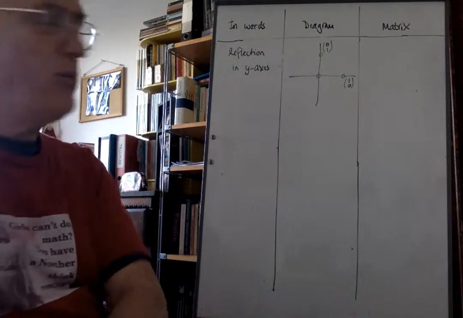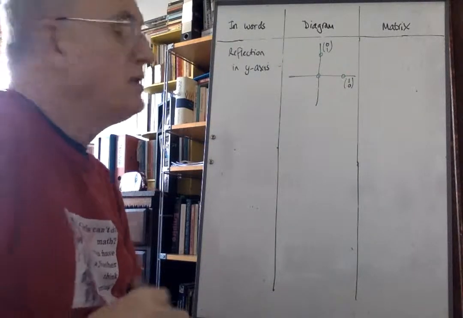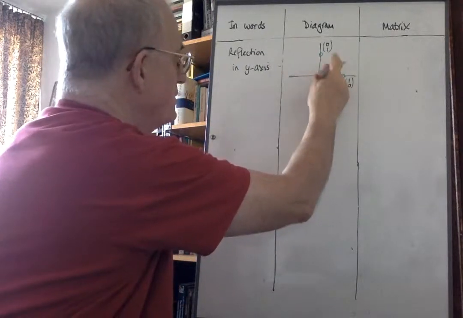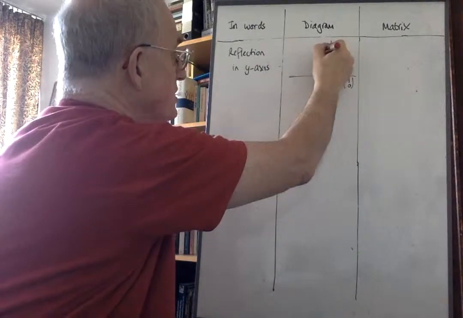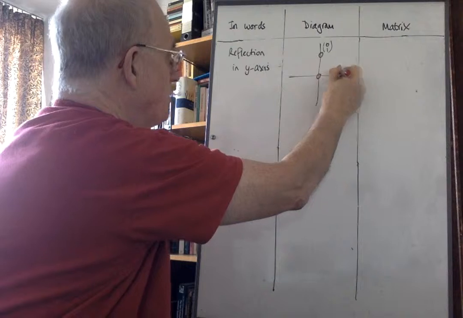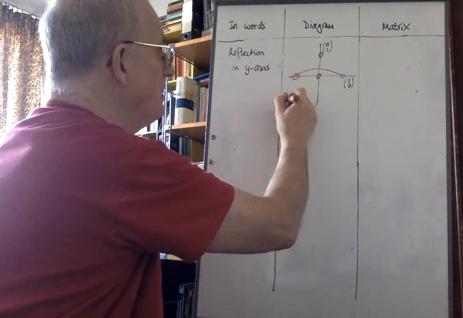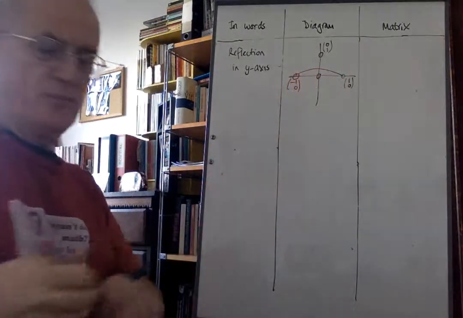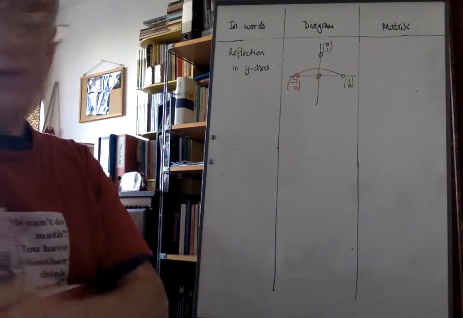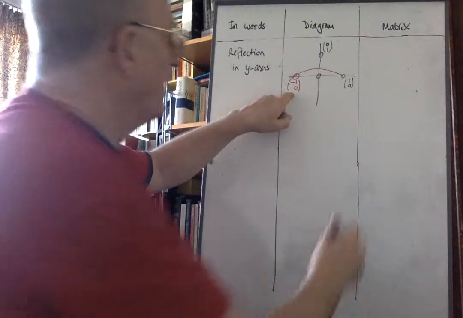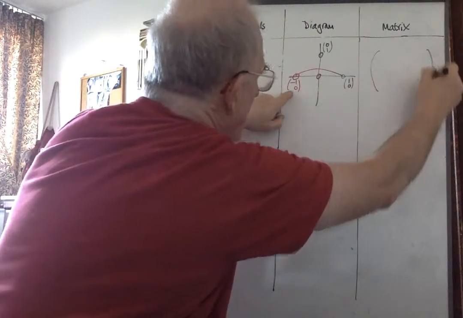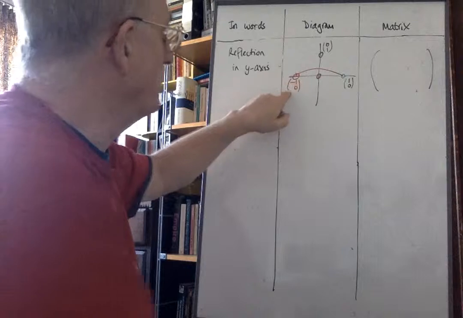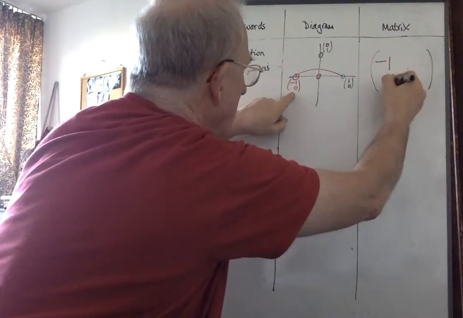And we think, well, where are these points going to go to if you reflect them in the y-axis? The origin stays where it is, because it's just on the y-axis. This one reflects over here to here, which is what? It's minus 1, 0. The matrix we can find from the fact that the first column is where this point goes to, that's minus 1, 0.